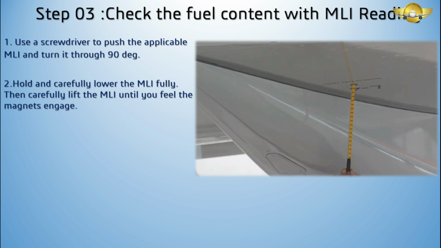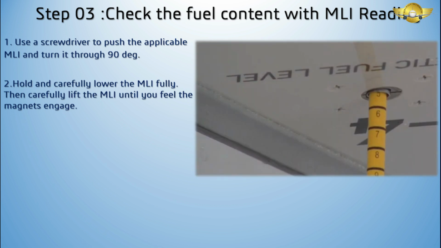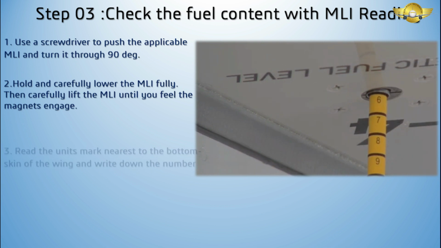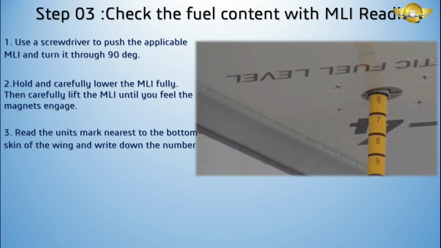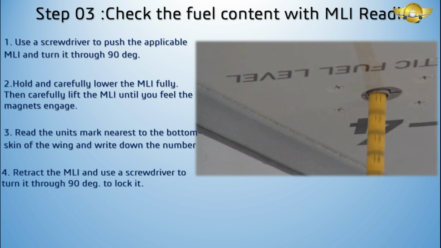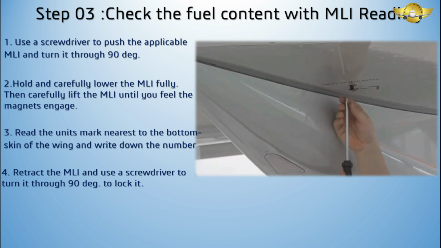Then carefully lift the MLI until you feel the magnet engage. Read the unit mark nearest to the bottom skin of the wing and write down the number. Retract the MLI and use the screwdriver to turn it through 90 degrees to lock it.